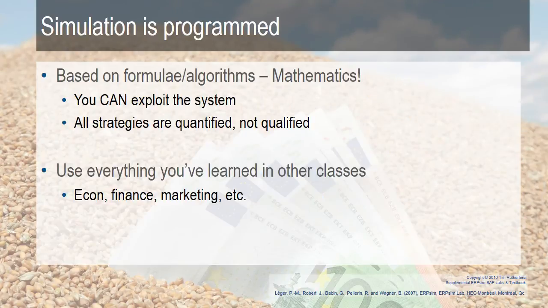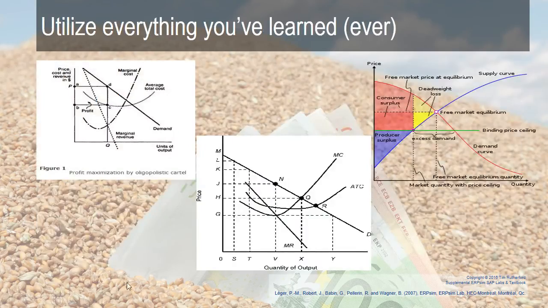The simulation is programmed. It's based on formulas, algorithms, it's all math. You can exploit the system. If you figure out the math behind it, you can actually make it so that you have the perfect price for every product, the perfect forecast, everything, the perfect investment. You have a lot of calculations to do to make that happen, but if you take the time, you will find it.